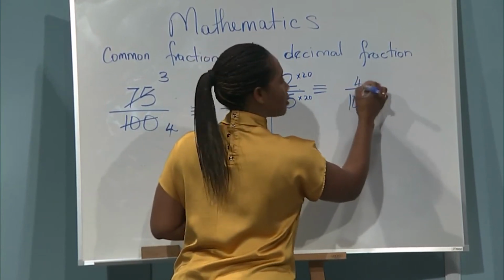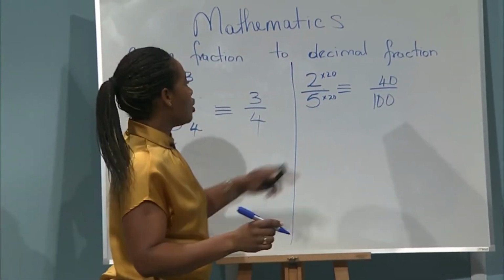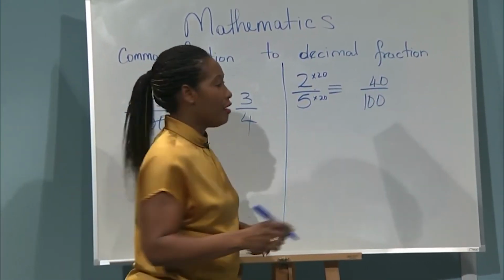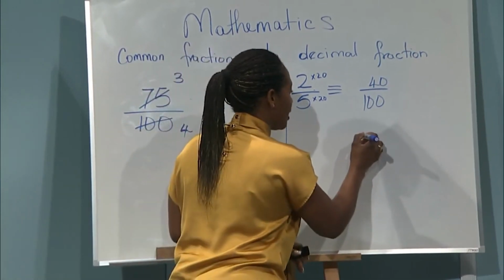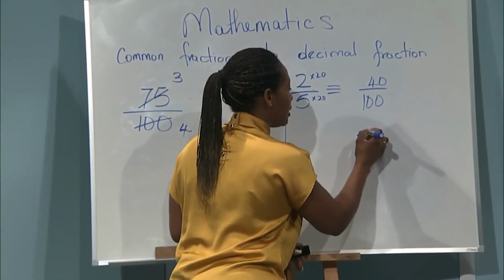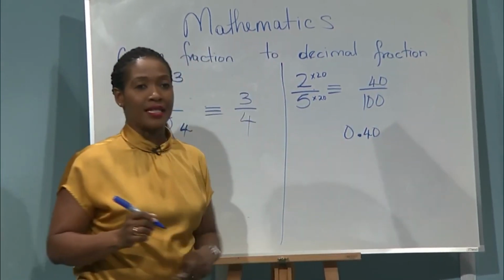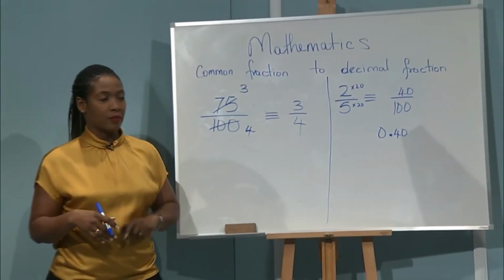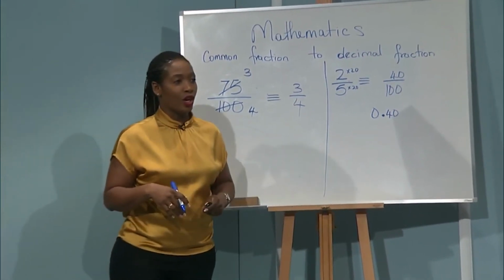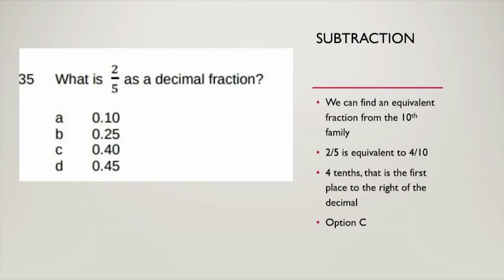That would give us 40 hundredths. 40 hundredths, we know that the first place would be our tenths place. So if it says 40 hundredths, you would have to write it to the hundredths place. And yes, so your option C would be correct. So 4 tenths, that's the first place. Right, great.